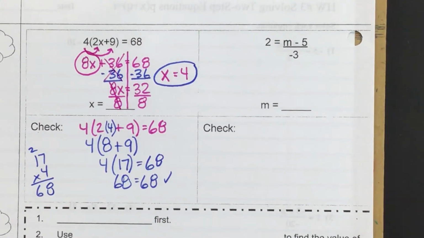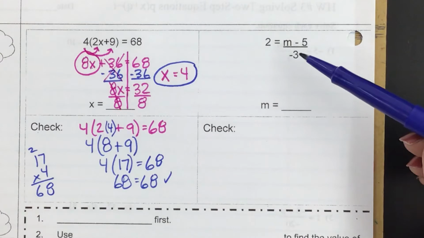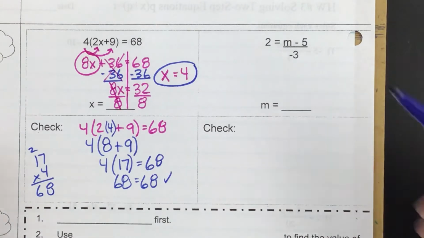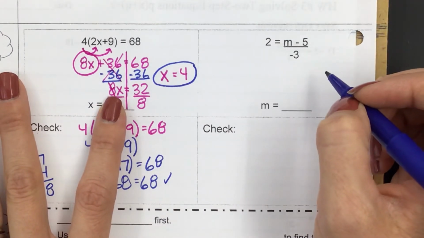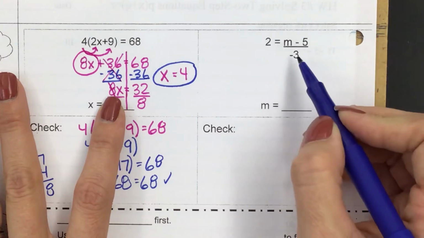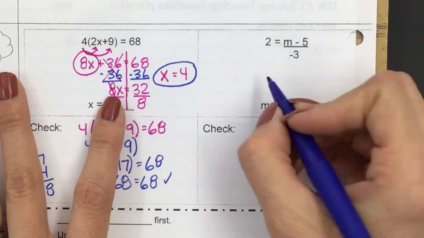Okay, let's look at a problem that's formatted a little bit differently. Do you see how you're dividing by -3 here? Okay, so for this problem, we are distributing too, but it's a different type of distributing. We're going to be distributing the -3 to the m and the -5.